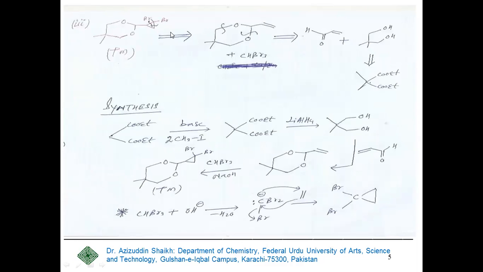Another example of a three-membered ring, it is a substituted halide, a substituted three-membered ring. Two bromides are attached to the cyclopropane. The disconnection approach, two disconnections, in which the cyclopropane ring is disconnected into a double bond and tribromomethane.